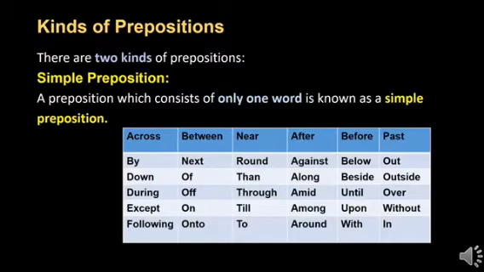I repeat it. A preposition which consists of only one word is known as a simple preposition. Here are a number of examples of the words which come under simple preposition.